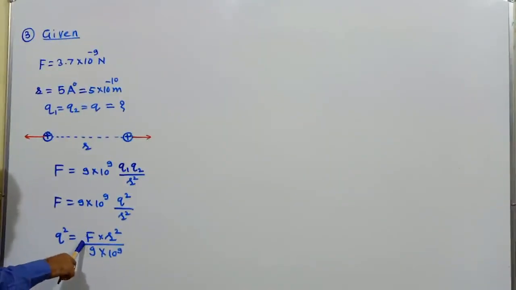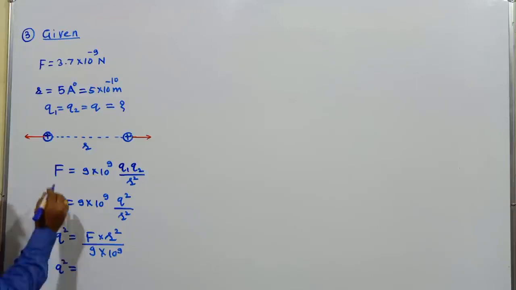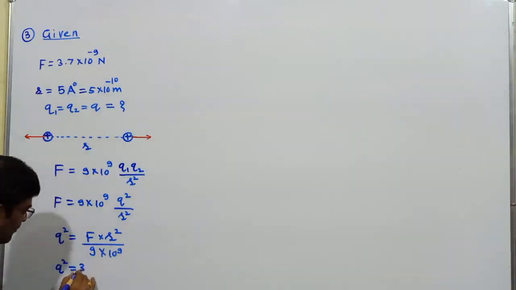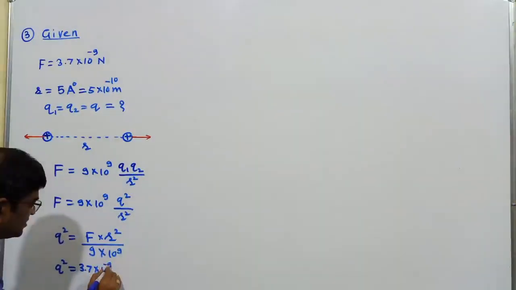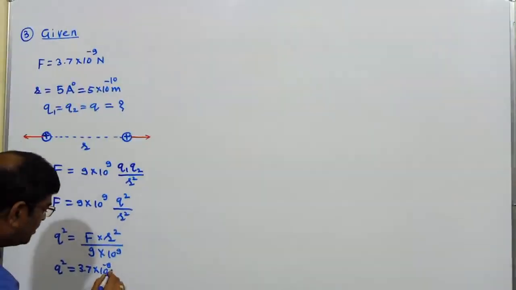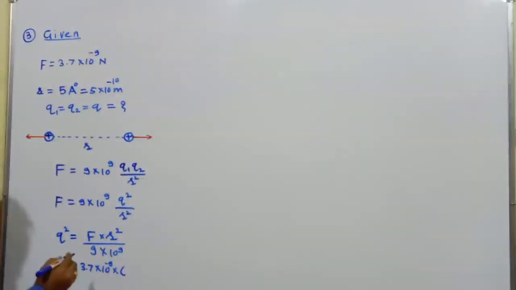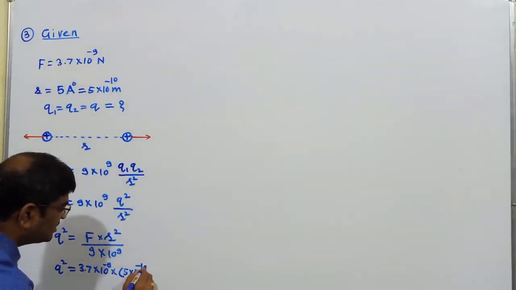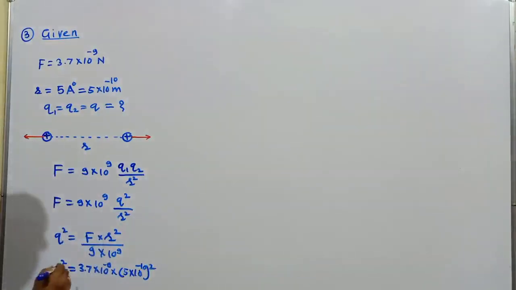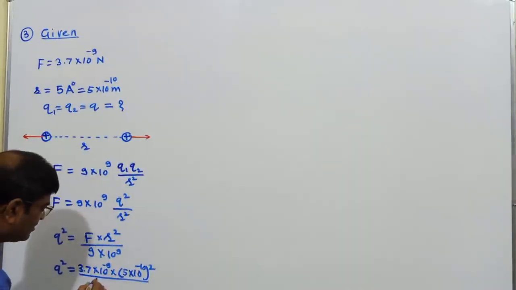F is given to you, R is given to you, which we have mentioned there. So if you substitute these values, Q square equals how much? 3.7 10 to the power minus 9 into R, which is 5 into 10 to the power minus 10, whole square, divided by 9 into 10 to the power 9.